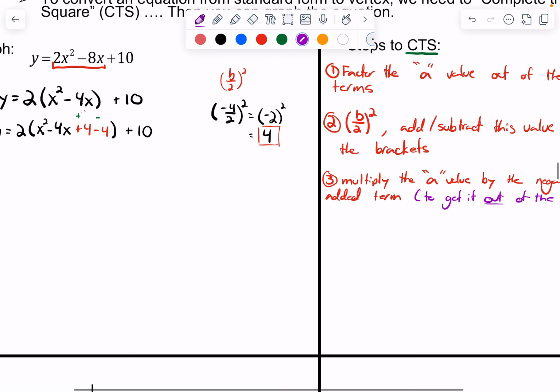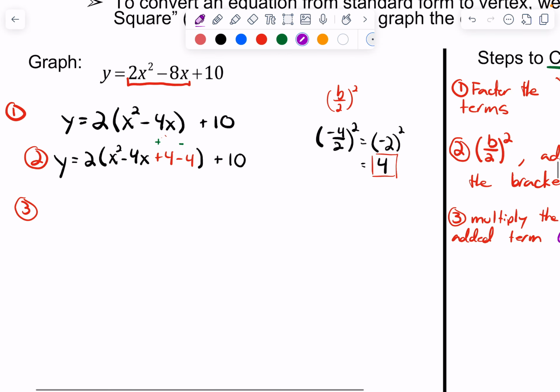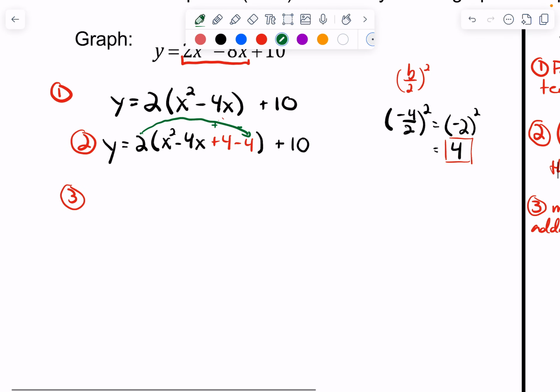What I mean is you take this a value right here, this 2, and you multiply it by this negative 4. Essentially you're distributing that 2 only to that negative 4. The 2 still stays in front because you haven't distributed it to the x squared, nor have you multiplied the negative 4x.